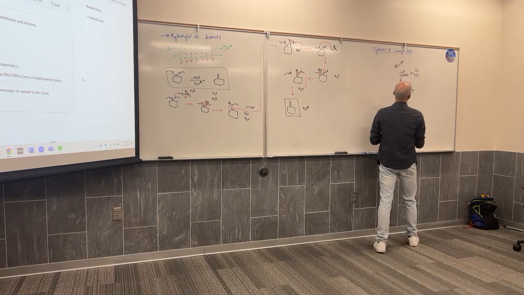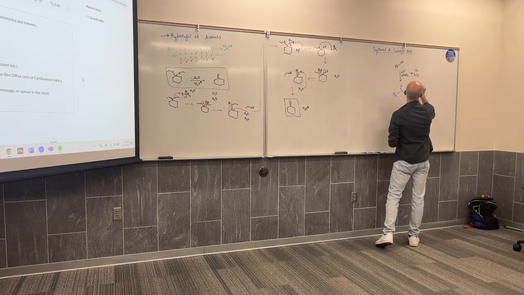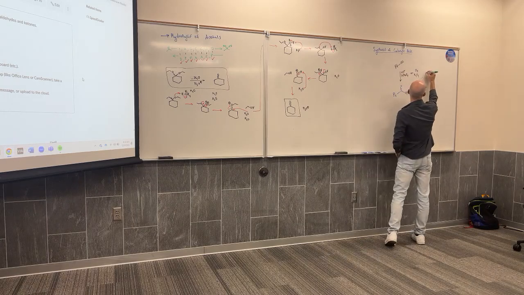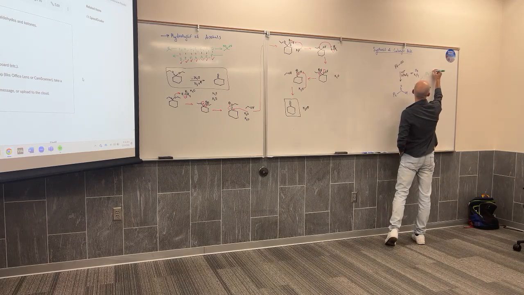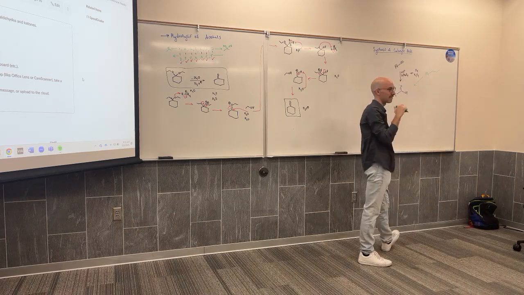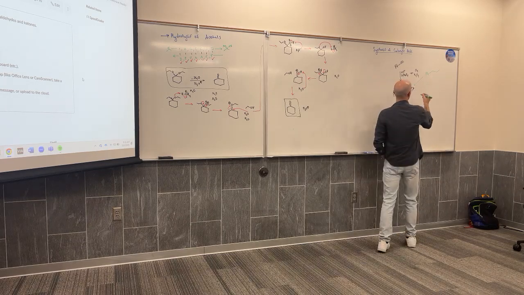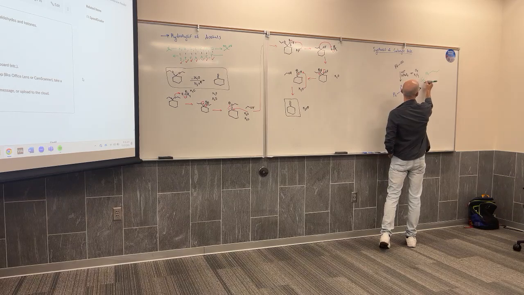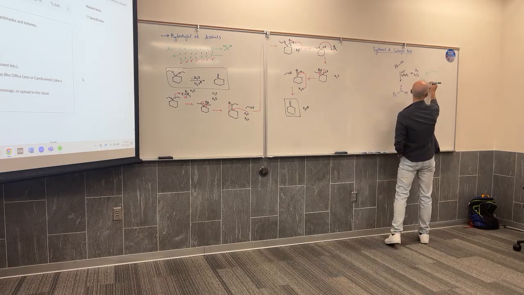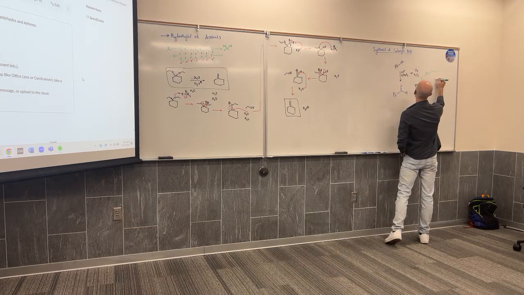Then, this semester, we saw that we could make carboxylic acids by taking carbon chains at the benzylic positions and oxidizing them, for instance, with chromic acid or hot potassium permanganate.